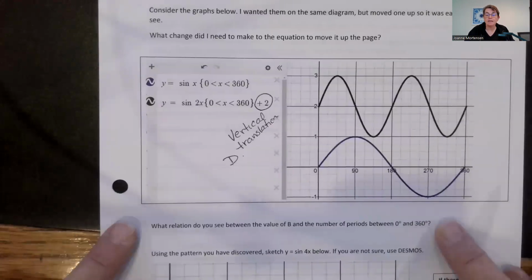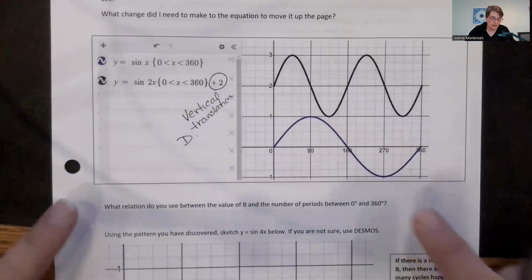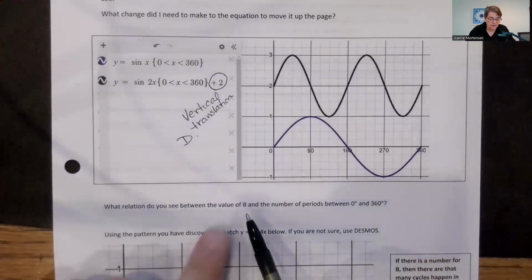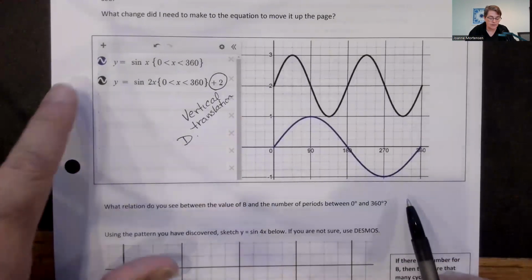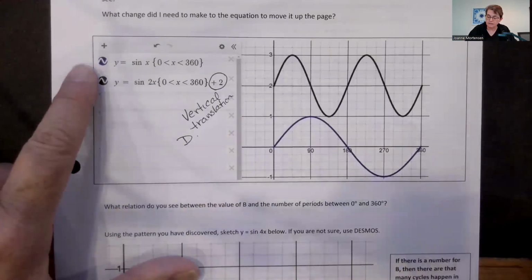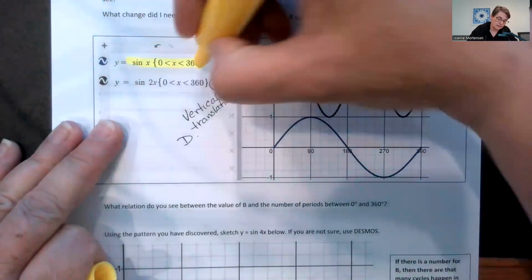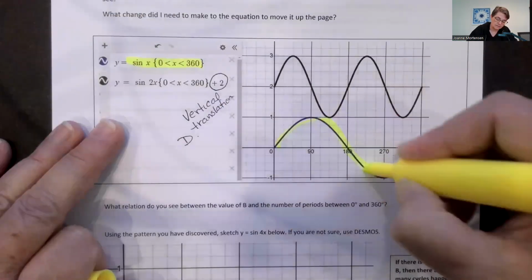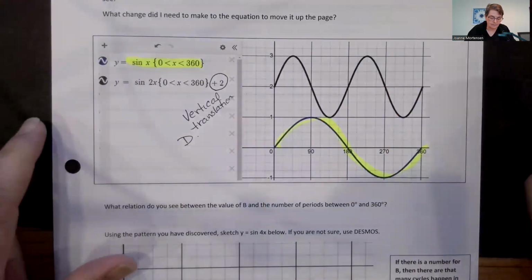Now, this answer we already know because I talked about it in the previous video. What relation do you see between the value of B and the number of periods between 0 and 360? Okay, this one's a little harder to see. I'm going to highlight this one. One of them's black, one of them's purple or dark blue.